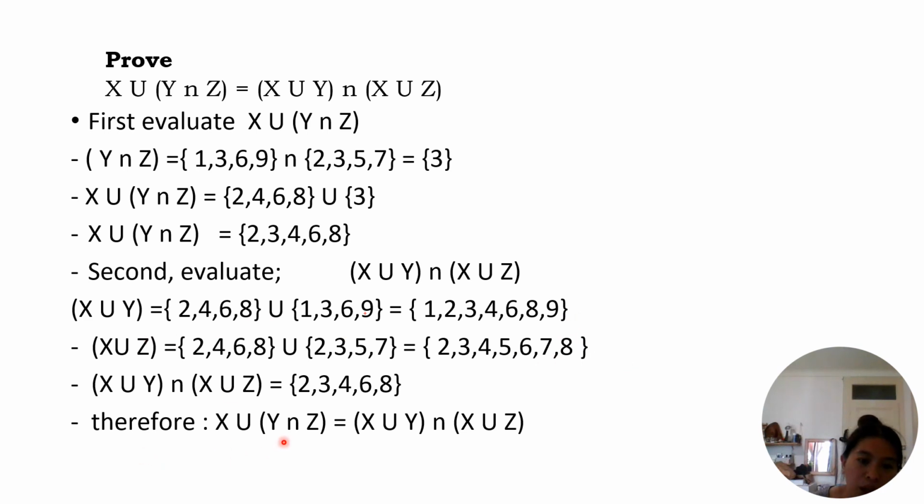Therefore, we are going to check if the value that we got here is the same as the value that we got here. It's pretty obvious it's the same. So that means we prove that this proposition is true.